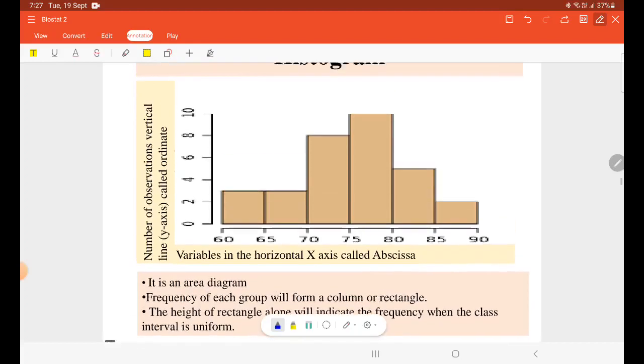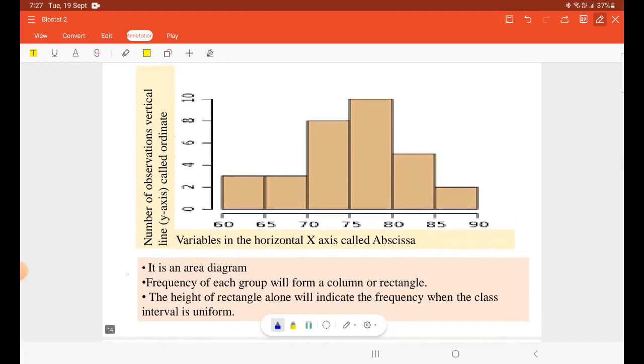Histogram is a type of area diagram. Frequency of each group will form a column or rectangle. See, rectangular columns have been formed for each frequency distribution. The height of the rectangle alone will indicate the frequency when the class interval is uniform.